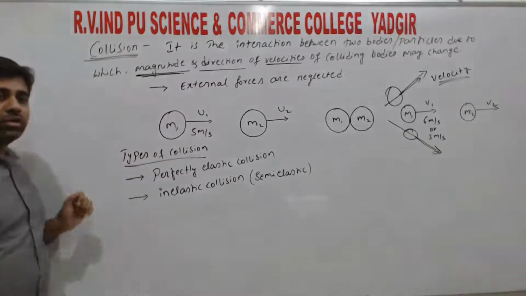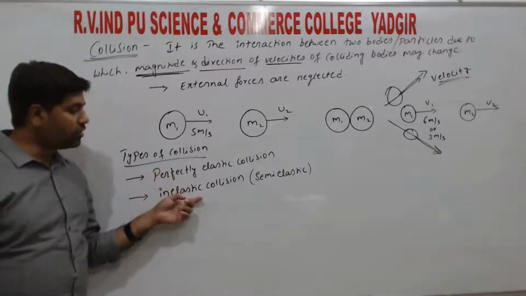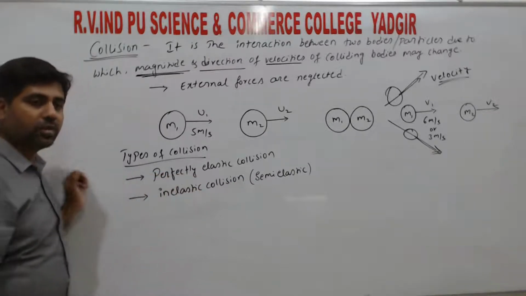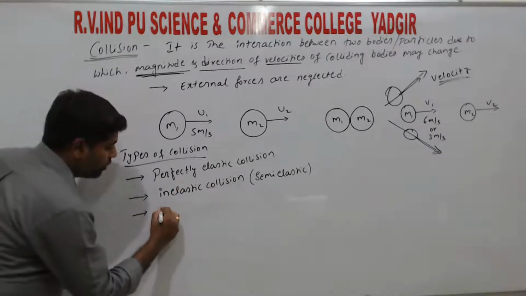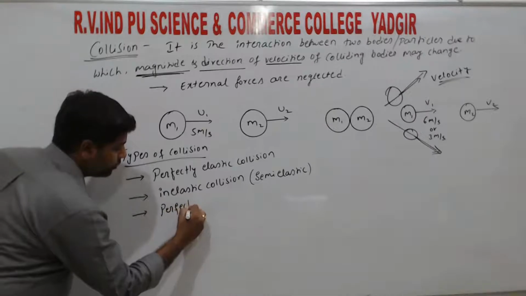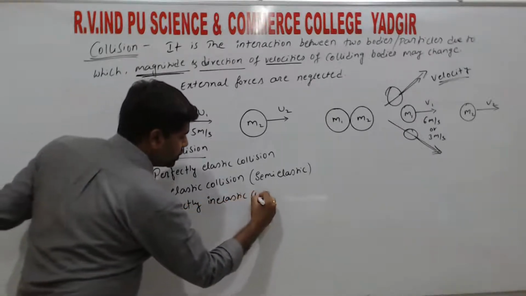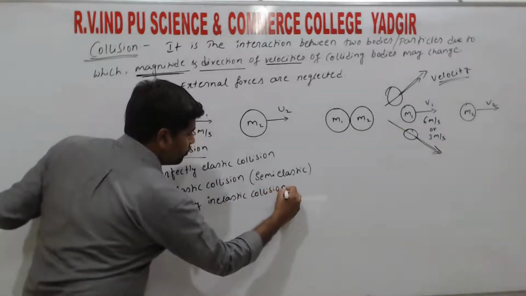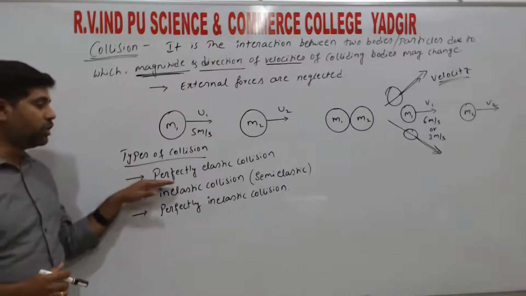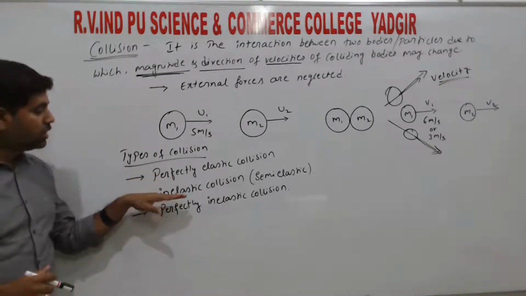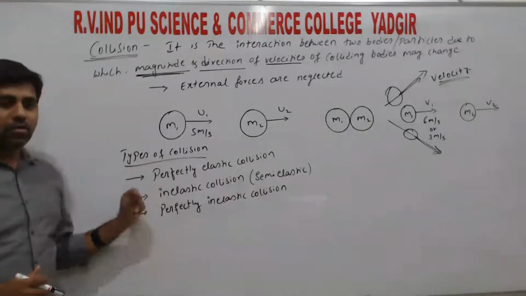So the perfectly elastic collision is one, and the other, semi, means an in-between collision. So it is named inelastic or semi-elastic collision, and the last one is perfectly inelastic collision. So these are the three types of collision: perfectly elastic collision, inelastic collision, and perfectly inelastic collision, right?